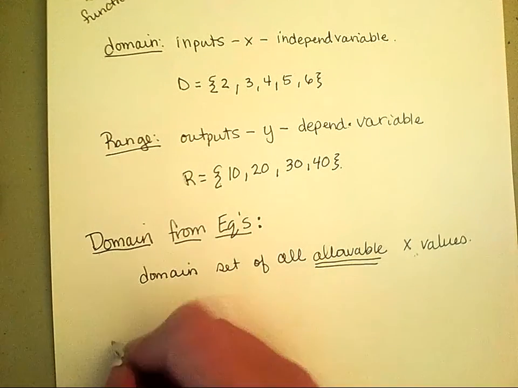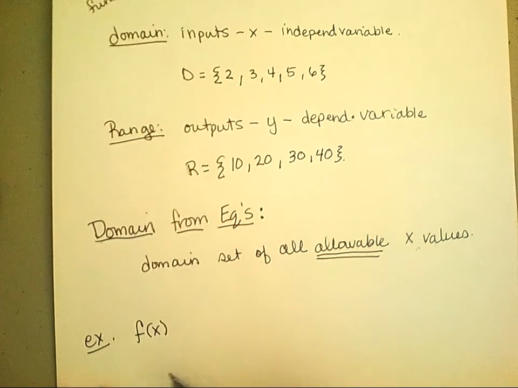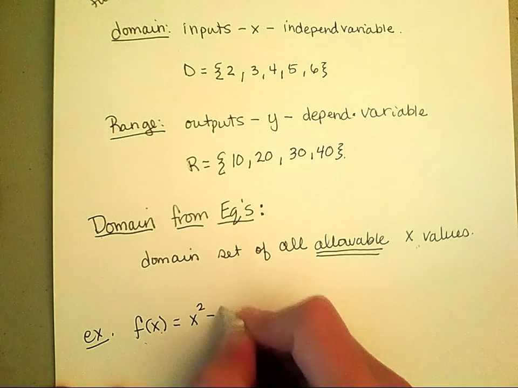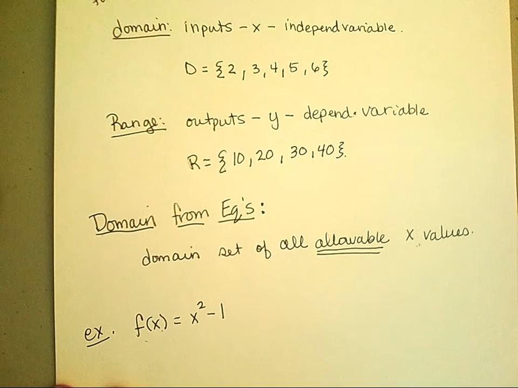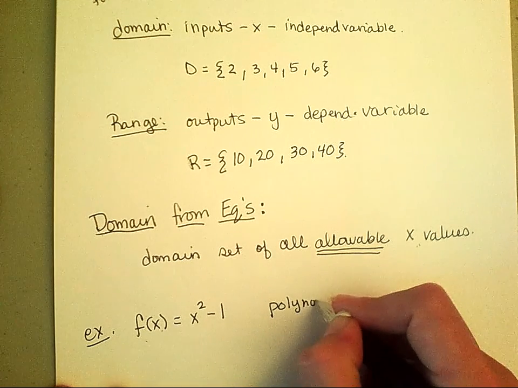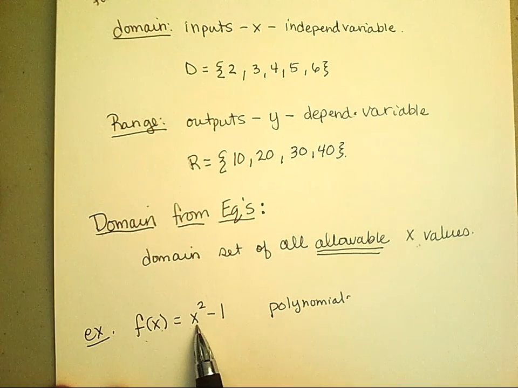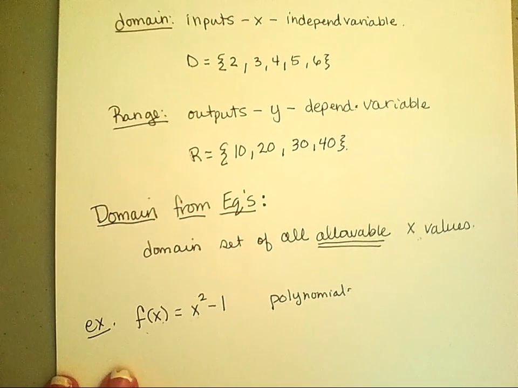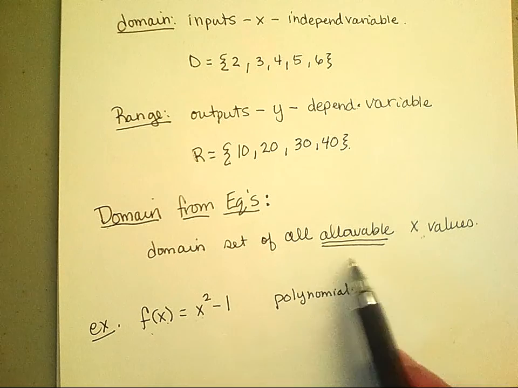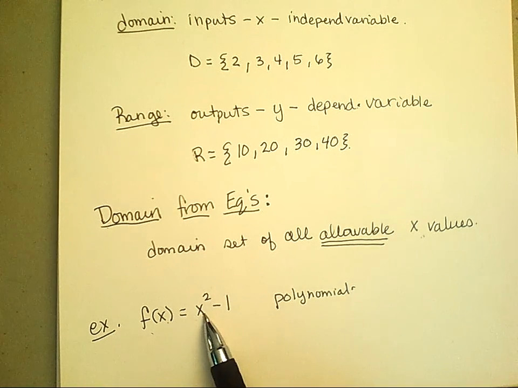Well, what does that mean? So, for example, if our function, remember this is our function notation, f of x is equal to x squared minus 1, this is a polynomial. Our basic function here is x squared, so this is a parabola. And anytime we have a polynomial, there are no violations about what values of x we can put in.